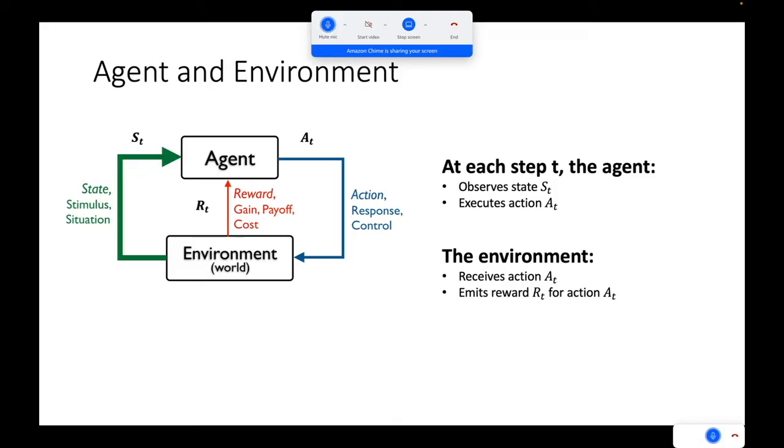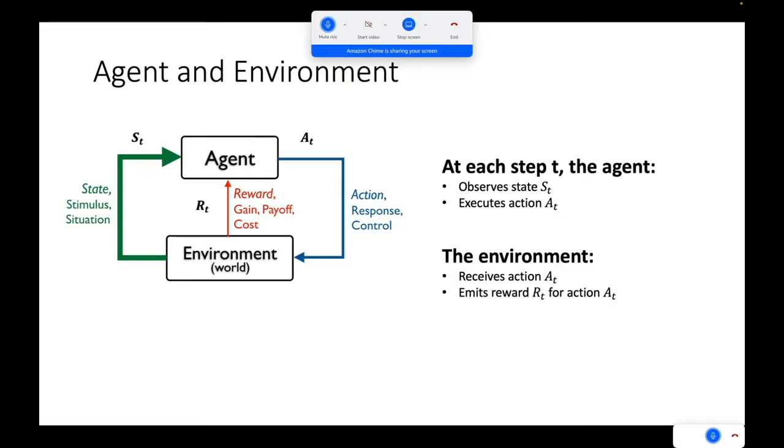So now again, we're looking at this familiar diagram where we have an agent and environment. Now we'll use some notations here. At each time step, the agent observes a state s_t and it executes an action a_t, right?